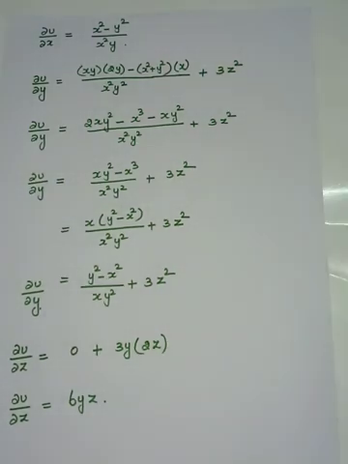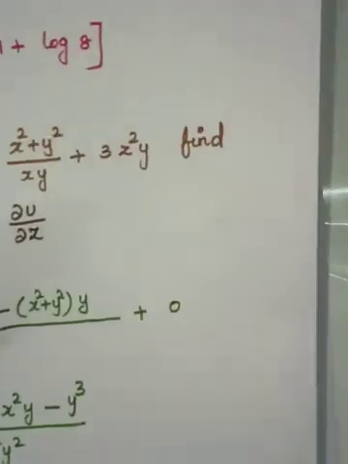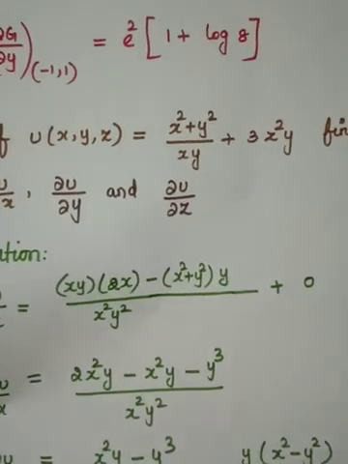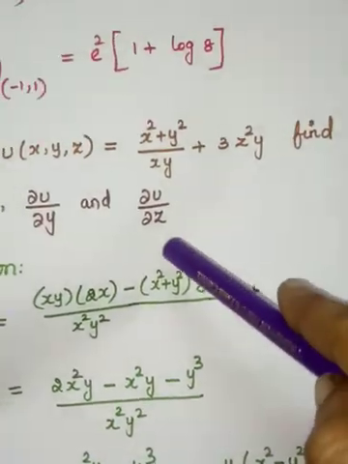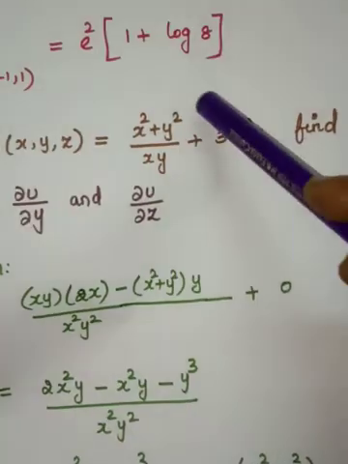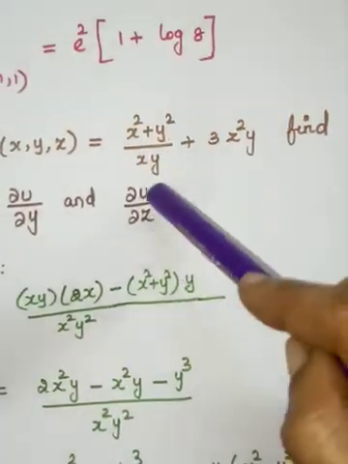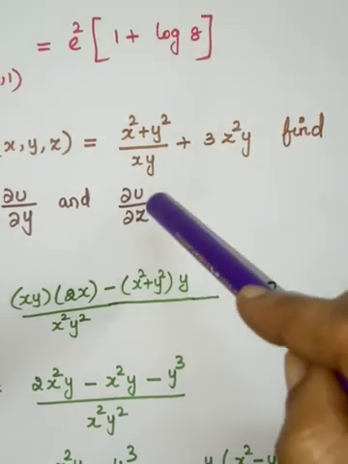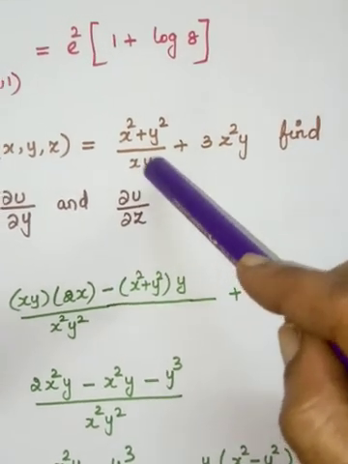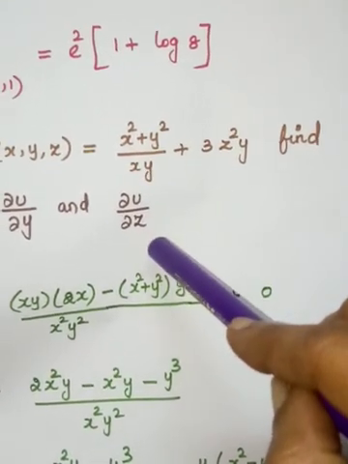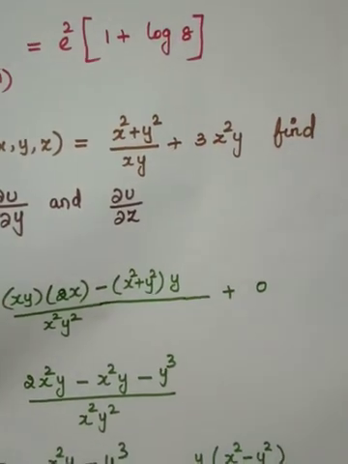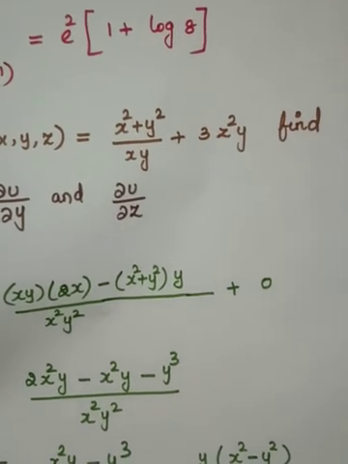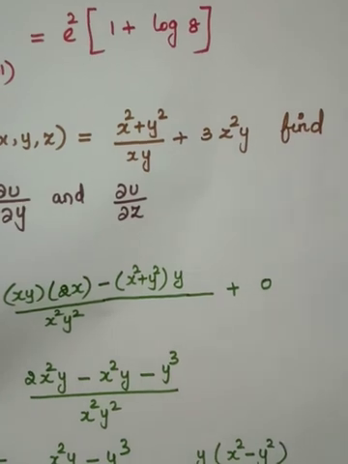So we have completed dou u by dou y. Next we have to go for the third one, dou u by dou z. Look at the first term. Dou u by dou z means you are going to differentiate u partially with respect to z. That means what has to be remembered? x and y are treated as constants.